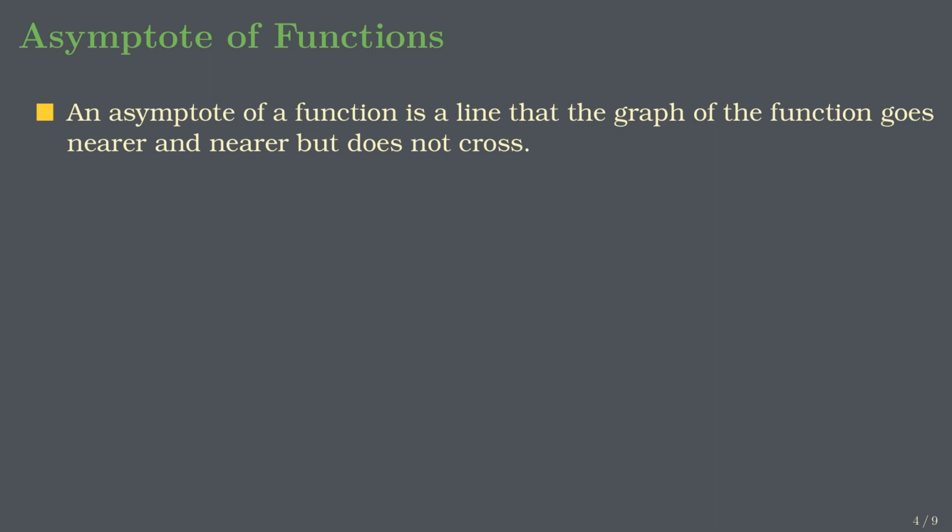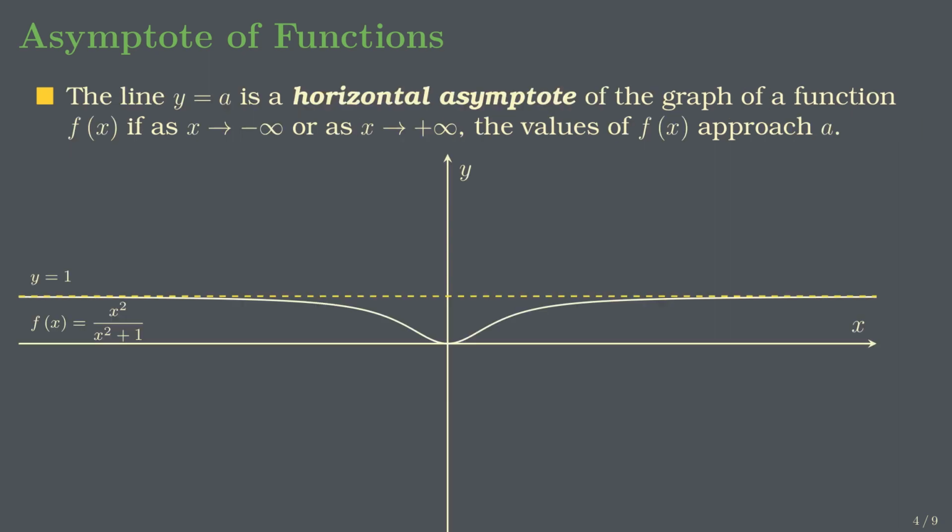For example, if you consider the rational function x squared over x squared plus 1, then as x goes to minus infinity or plus infinity, the graph of f will get closer and closer to the line without touching or crossing it. In this case, the line y = 1 is called the horizontal asymptote of the function x squared over x squared plus 1.